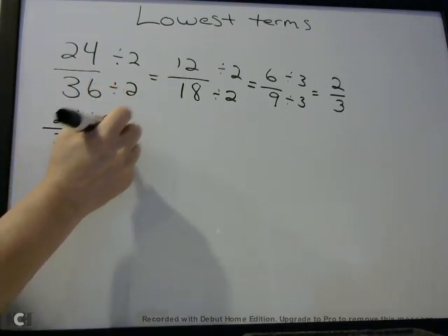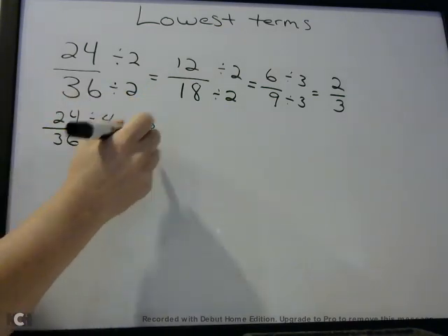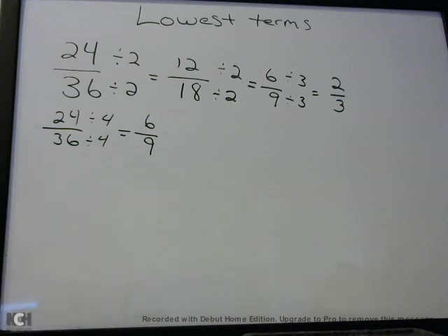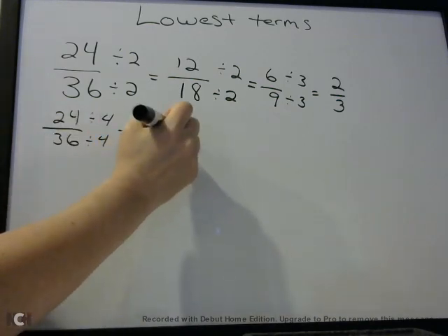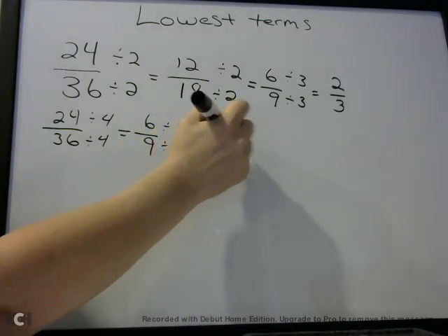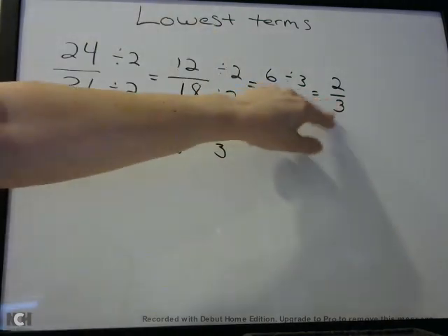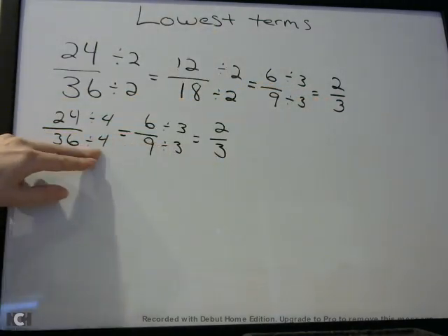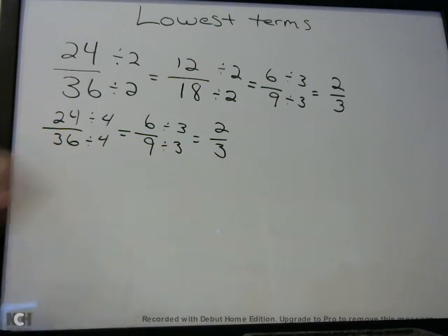So divide by 4. 24 divided by 4 is 6. 36 divided by 4 is 9. Is that in lowest terms? No, because we can divide both 6 and 9 by 3. We get 2/3. So again, we got 2/3, the same answer, even though we started out by dividing by a different number.